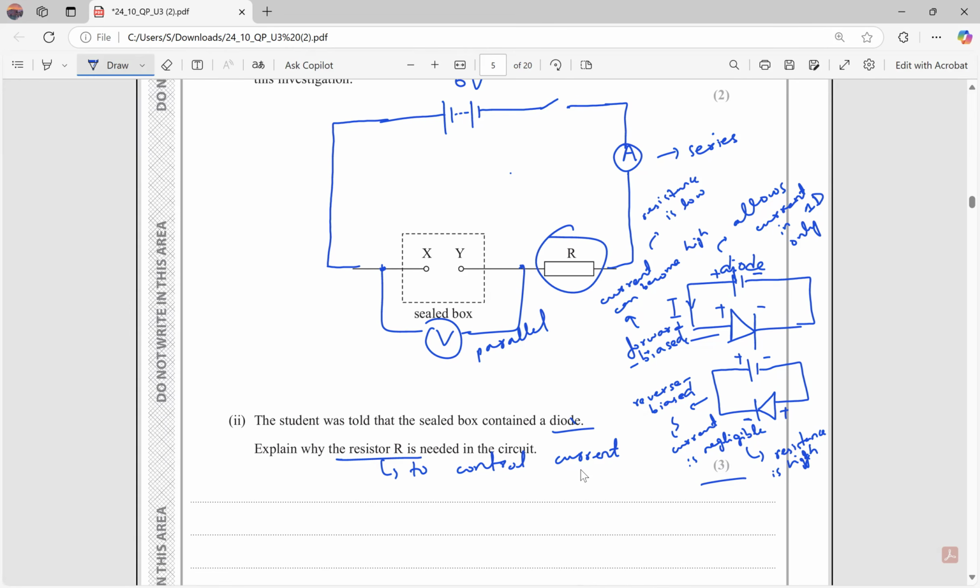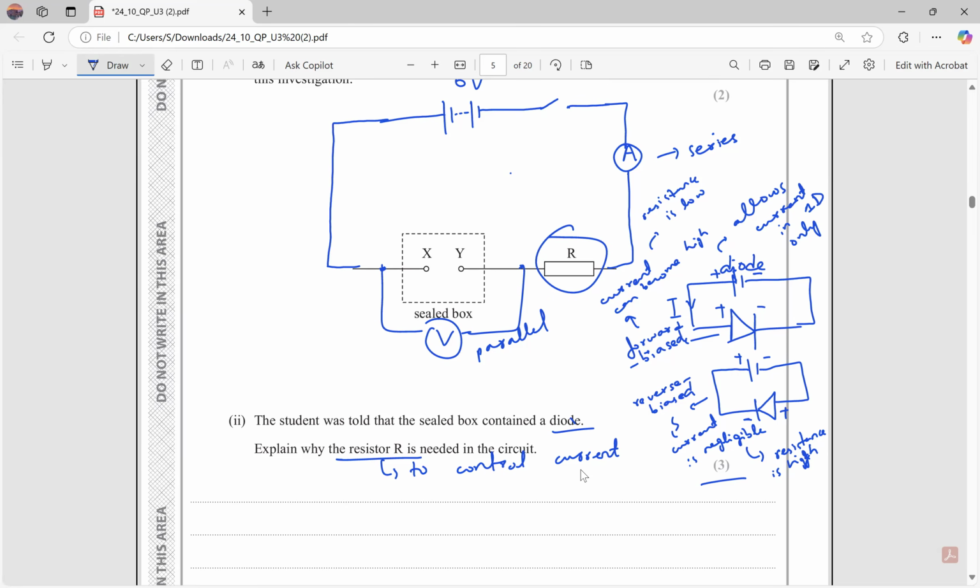Remember, every electrical component that is used in a circuit has a resistance. Even the battery, the diode, resistors, wires, voltmeters, ammeters, everything has a resistance. But there are certain things that have such small resistance that we neglect it.